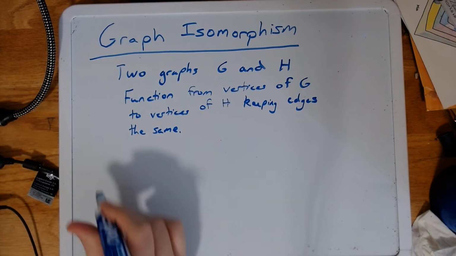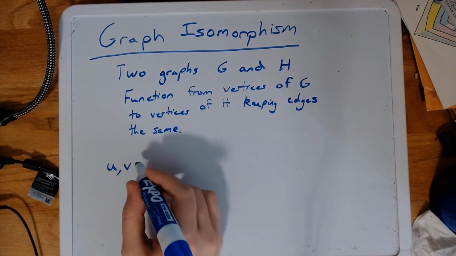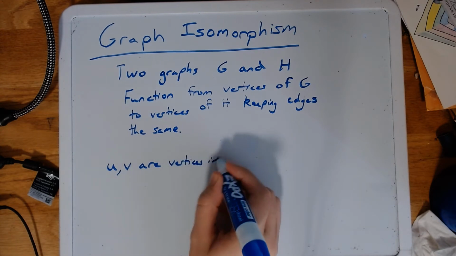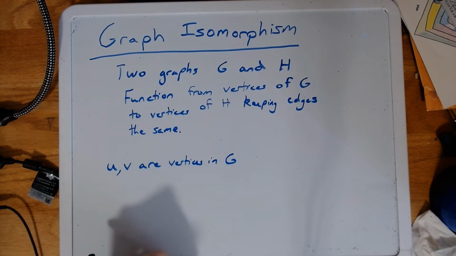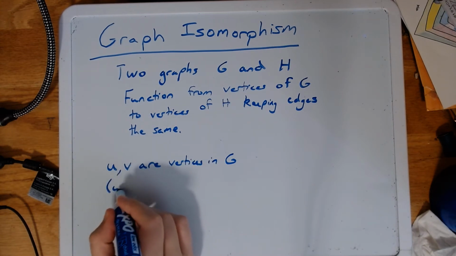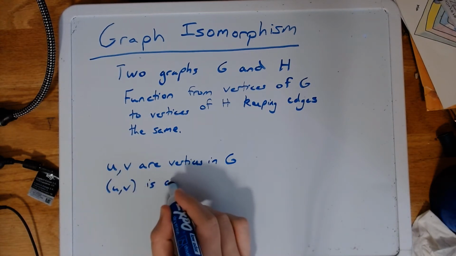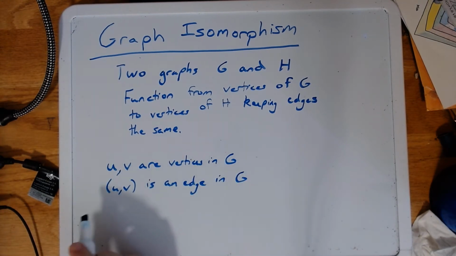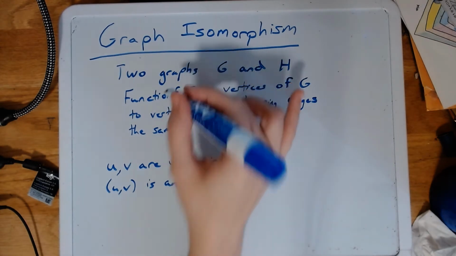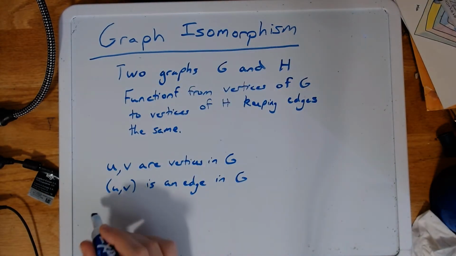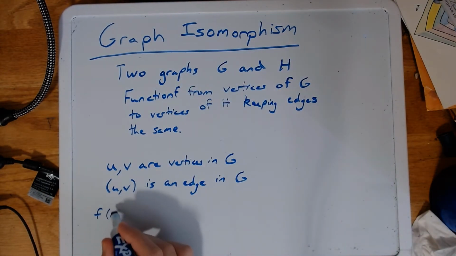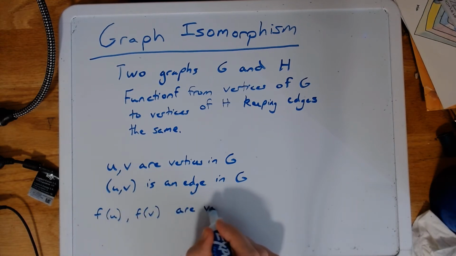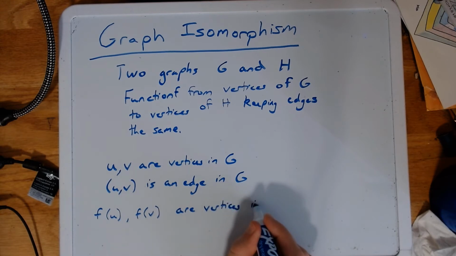Right, so let's say that U and V are vertices in G. And there's an edge between them, right? UV is an edge in G. Let's call our function f. So now f of u and f of v are vertices in H, right?